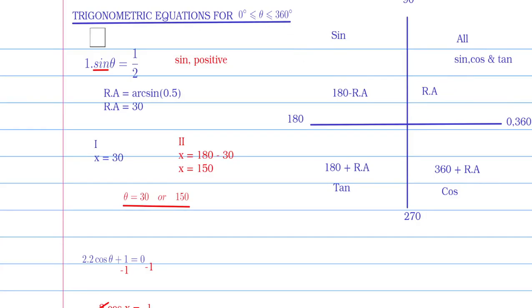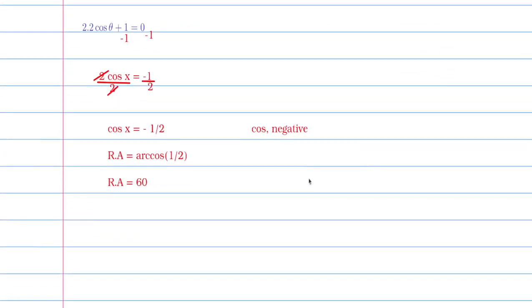In the first quadrant all are positive. In the second, only sine is positive, which means cos is negative in the second quadrant. In the third quadrant only tan is positive, which means cos is also negative here. So what we are going to do is take our reference angle, subtract it from 180, and add it to 180, then we get the required angles.